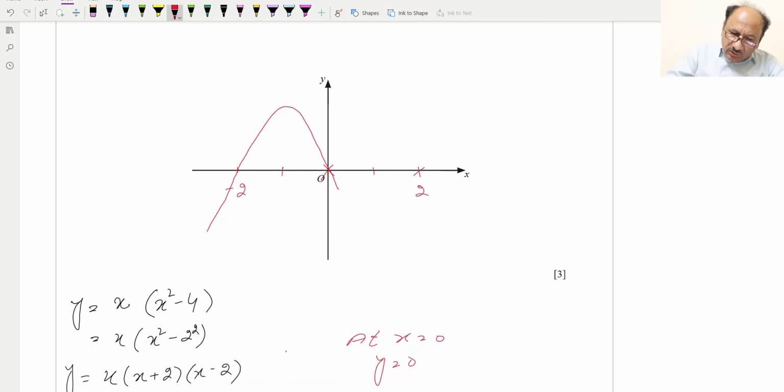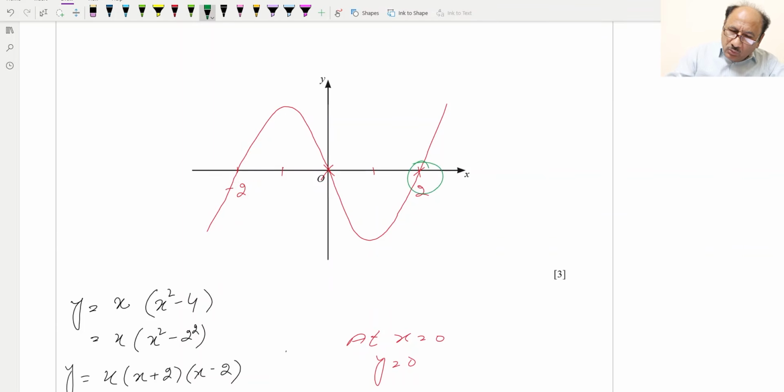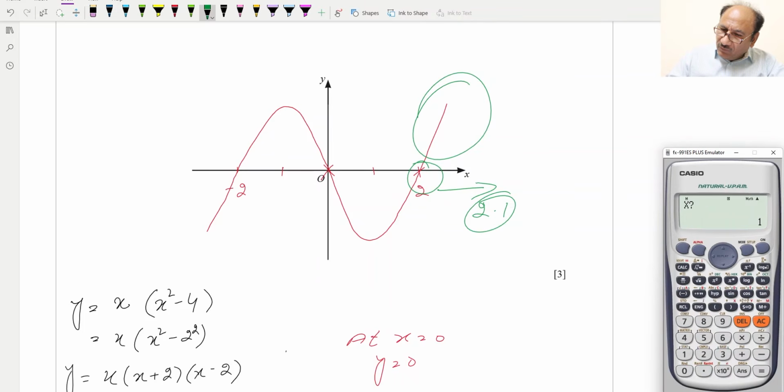So it's going down like this one, and if I redraw, minus 3 will be like this one, and then passing through this to confirm. If we take any value greater than this 2 value, like on this side, we can take 2.1, it will be positive because it is going up. So we can calculate for x is equal to 2.1, this is giving us the positive value.